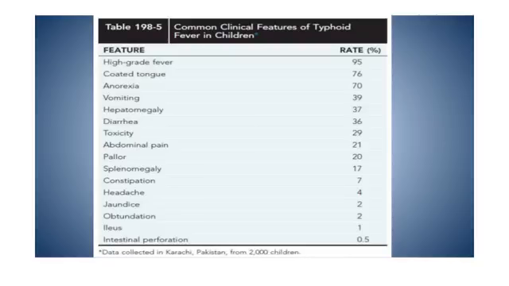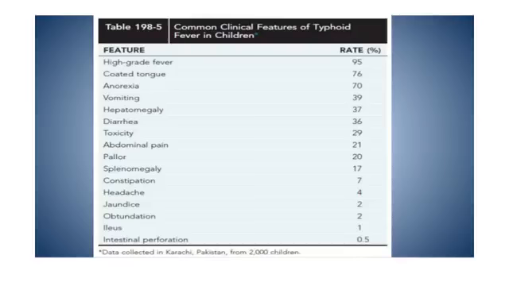So here are the common clinical features of typhoid fever in children. There is a rate of frequency of involvement of different signs and symptoms, and this study was conducted at Karachi on 2000 children. The common presentation of all the children with typhoid fever is high grade fever, coated tongue, anorexia.